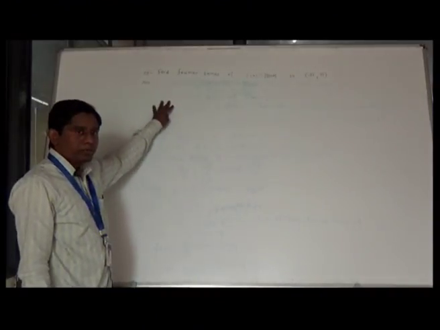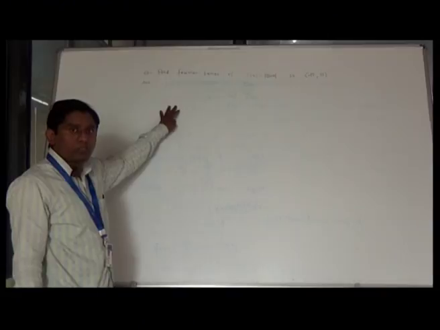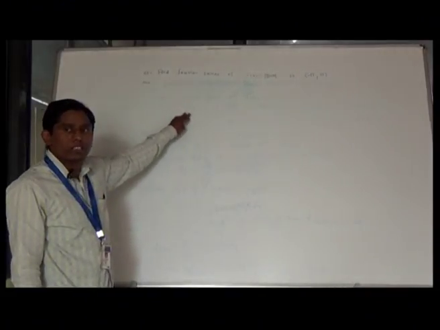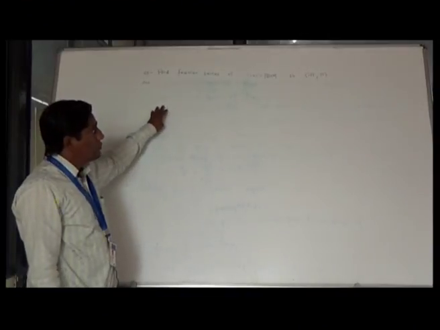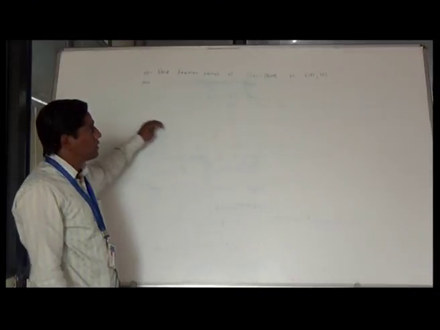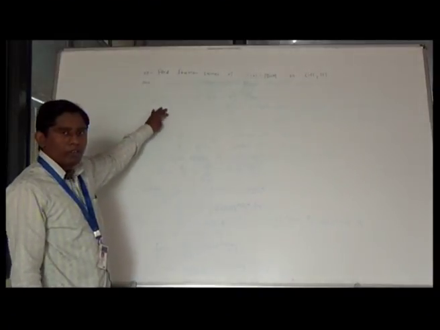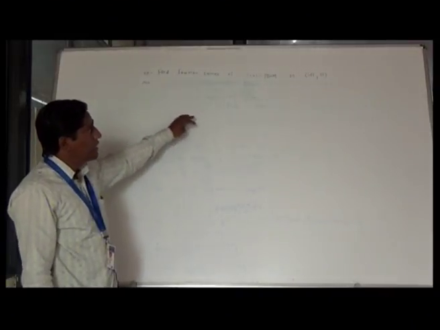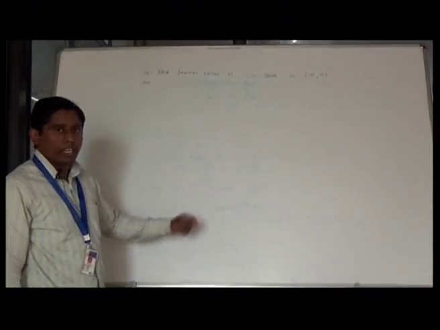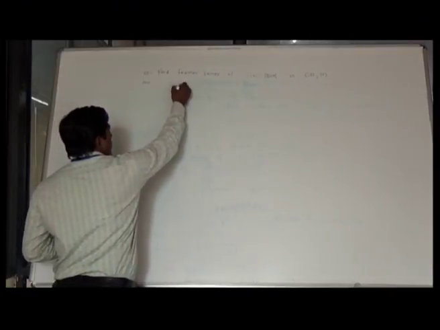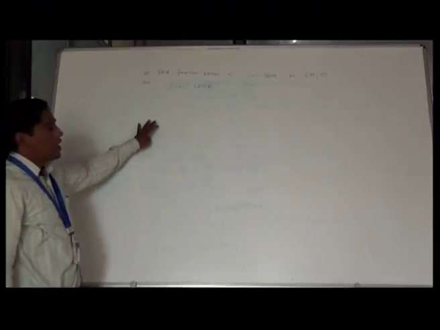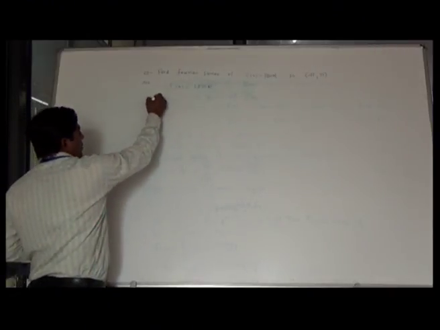Here, if the interval is minus L to L, then check whether the function is even or odd. If the function is even, then write the Fourier series of even function. If the function is odd, then write the formula for Fourier series of odd function. So here f of x is mod of sin x. Now we find f of minus x.